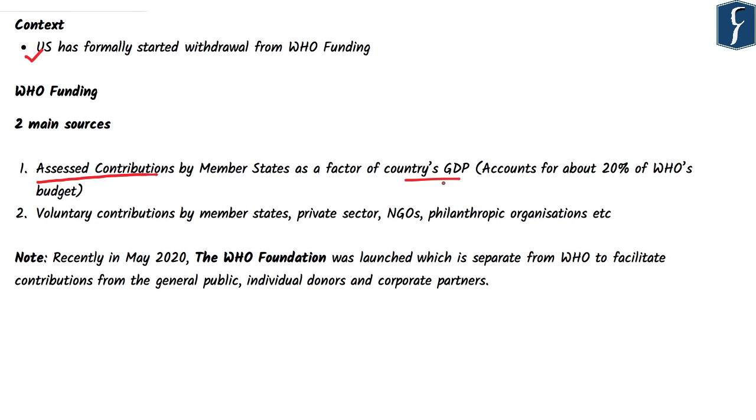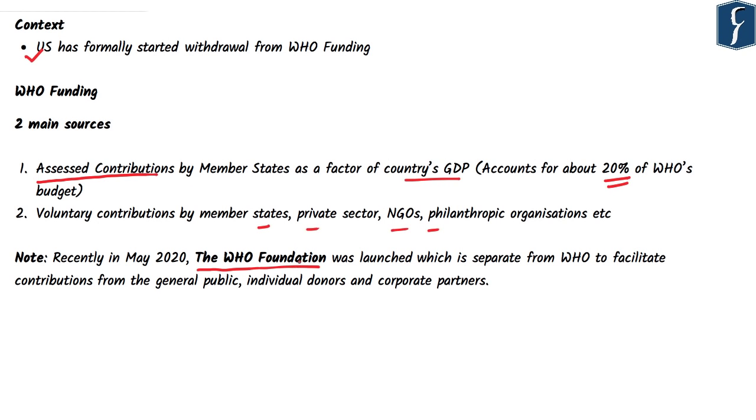That is why the contribution from the United States is the highest. But this mode of contribution accounts for only 20% of WHO's budget. The rest comes from voluntary contributions by member states, the private sector, NGOs, philanthropic organizations, etc. In the wake of the COVID-19 pandemic, in May 2020, the WHO Foundation was launched.